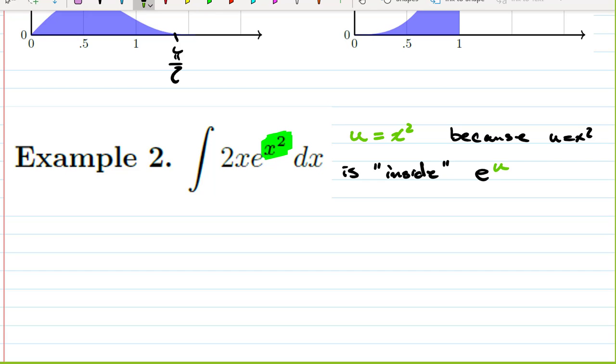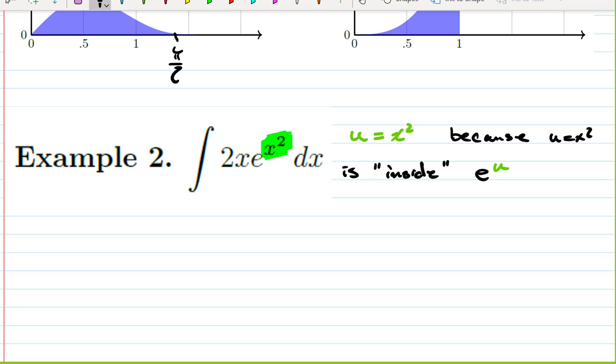Another thing that strongly suggests that that is the right pick is the fact that the derivative of u, so du, is going to be 2x, which is also in the integrand.